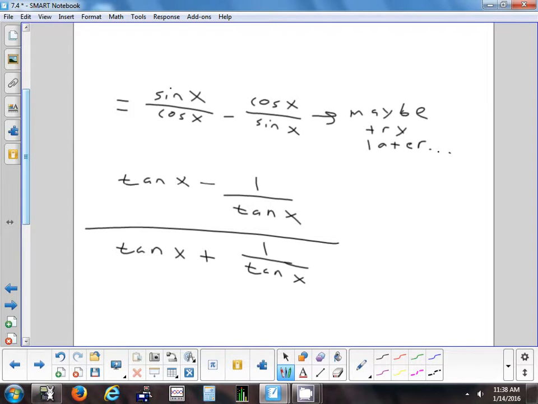Now what would be my common denominator in the top and the bottom? Think of these as ones right now. Okay, tangent of x. So we're going to do a common denominator of tangent x.